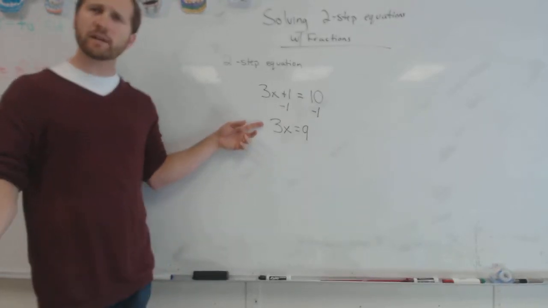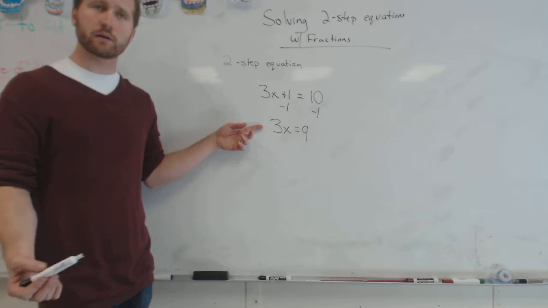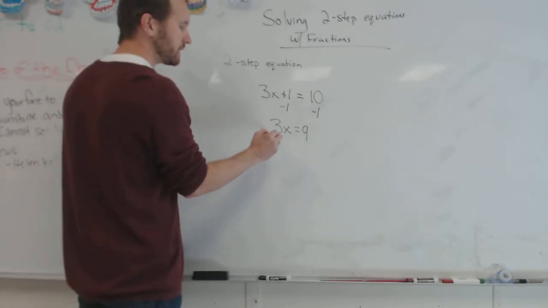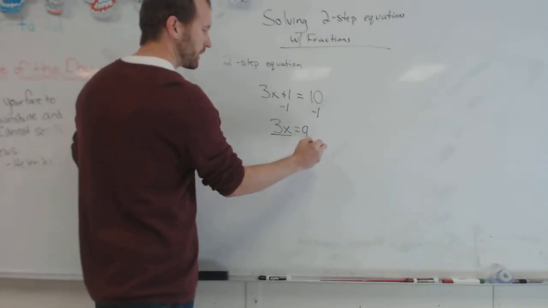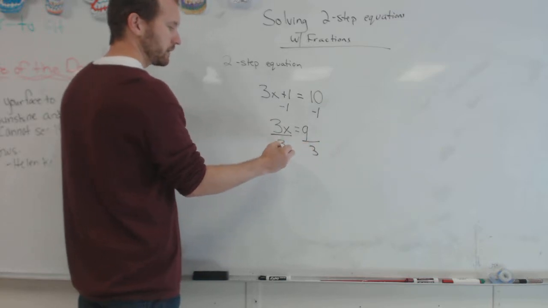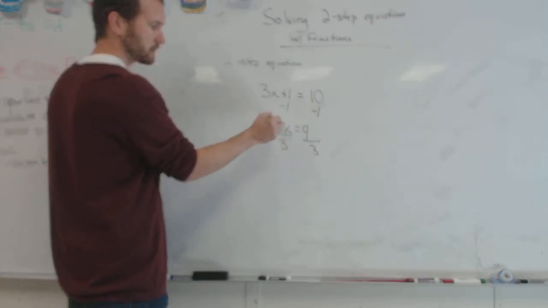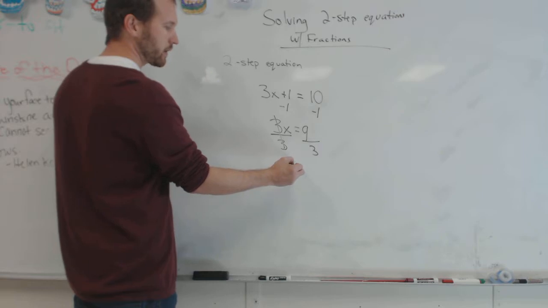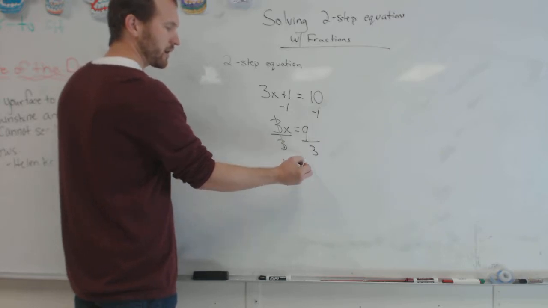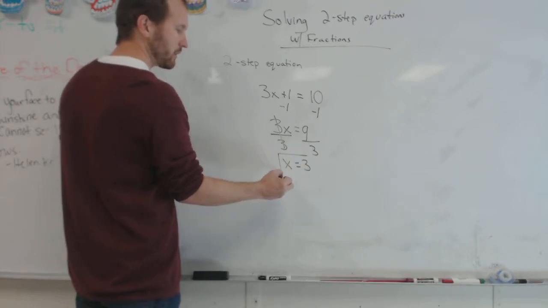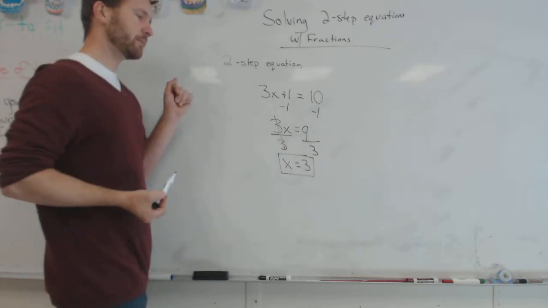This now becomes a one-step equation, so I'm going to divide by 3, my coefficient of x, and I'll get x all alone on one side, and on the other side I have 3. So my answer is x equals 3.